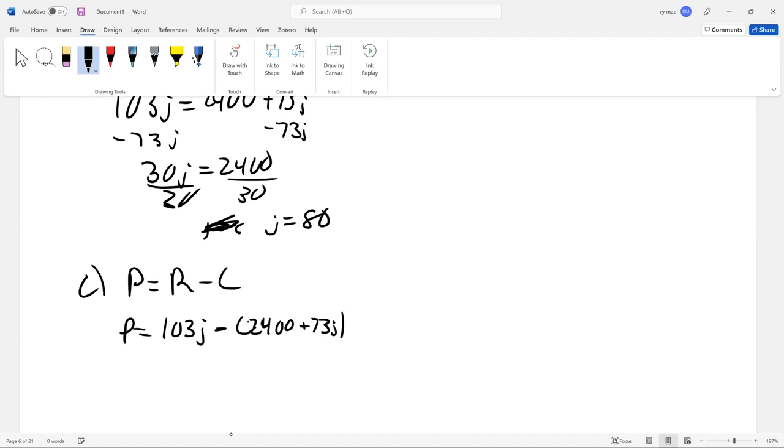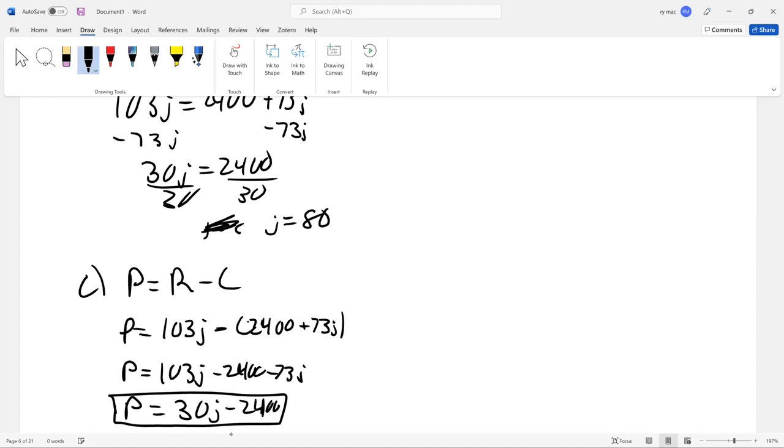So distributing the negative, I get 103J minus 2,400 minus 73J. So simplifying, it ends up being 30J minus 2,400. That is your profit function.